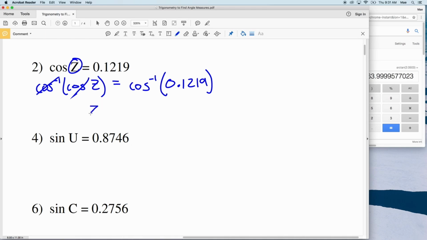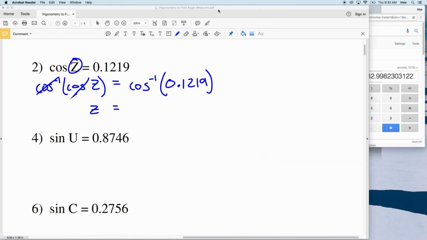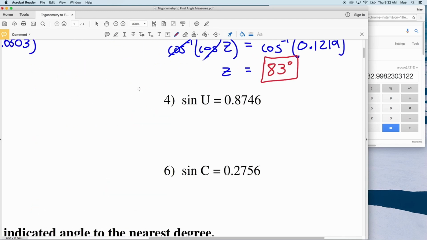We'll be left with z on the left, and that's equal to the inverse cosine of 0.1219, which gives us 82.99, which rounds to 83 degrees. So the measure of angle z is 83 degrees.